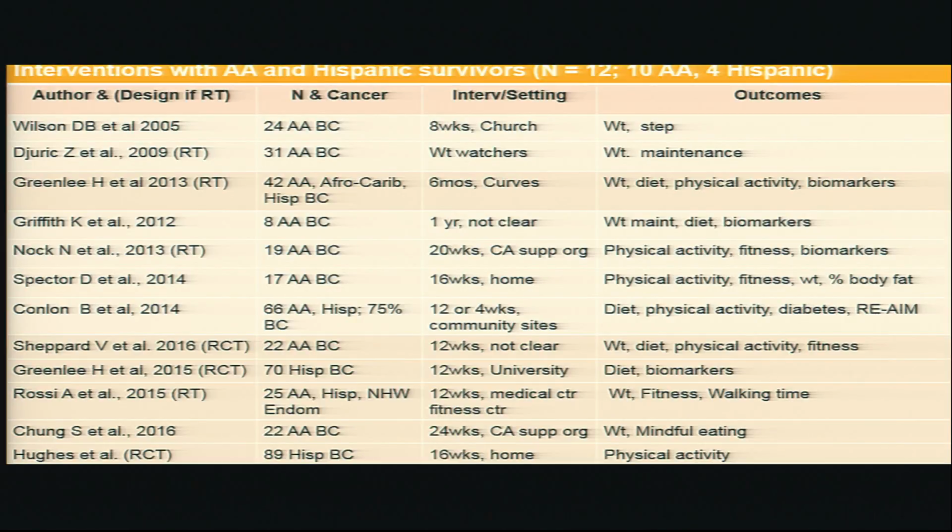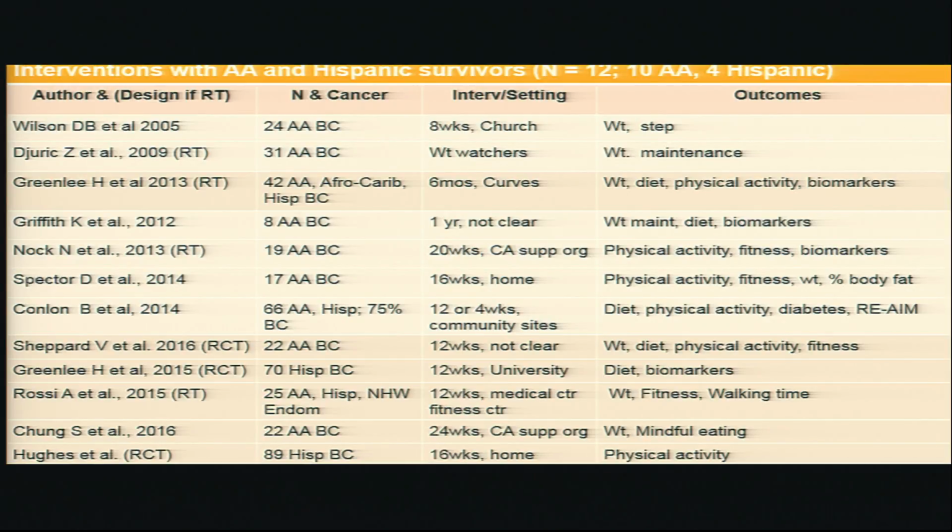So, one slide is all you get for all the interventions that have been done with minority survivors. I left off two that I've done because there wasn't room and I wasn't going to make it two slides. But this is kind of pathetic. There are two ongoing from the NIH reporter, and Jean Ferrante, who I just met today, I'm thrilled, is doing a Fitbit versus smartphone-based intervention.